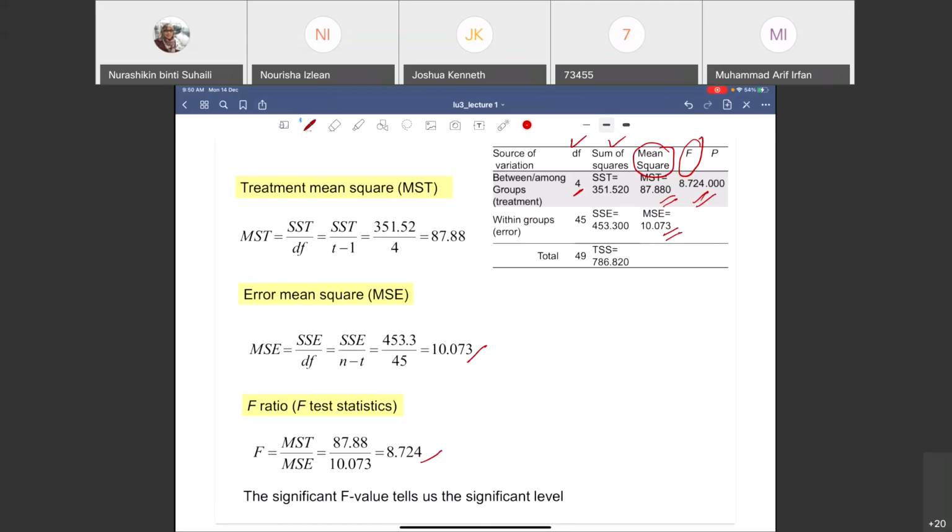That's how you get it, and this is what we call F calculated for ANOVA. You can see how interrelated all those parameters are: the mean square depends on the sum of squares, and F depends on the mean square. So be careful with your calculation. This is F calculated.